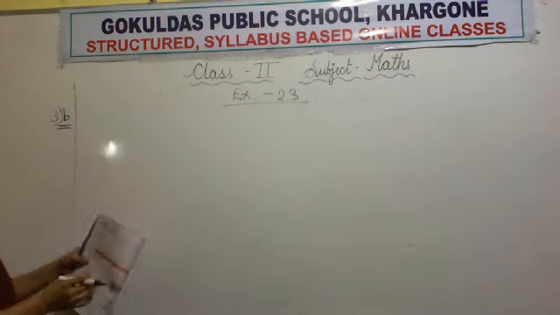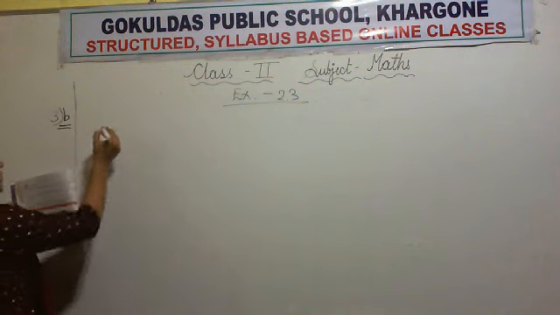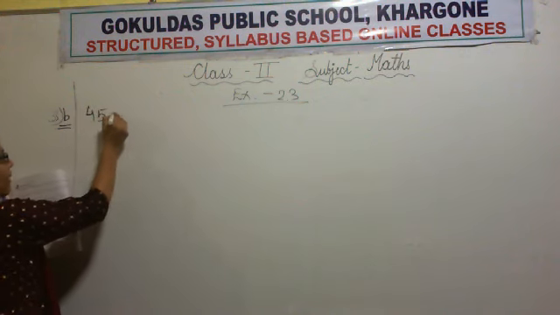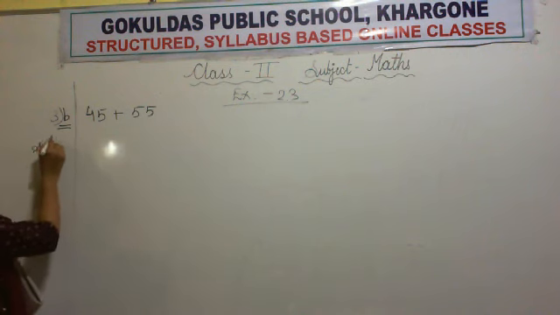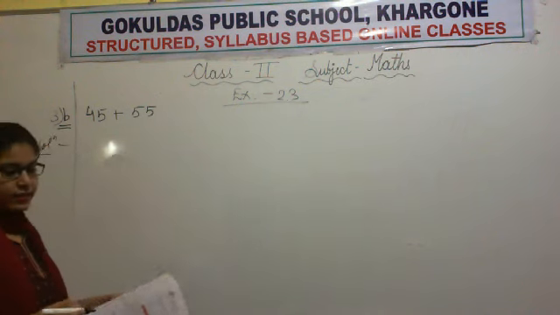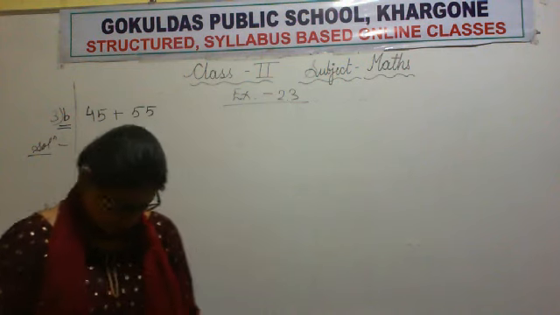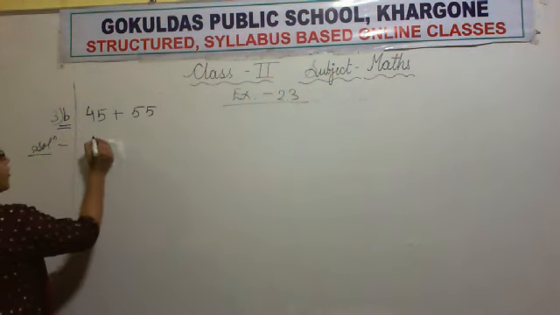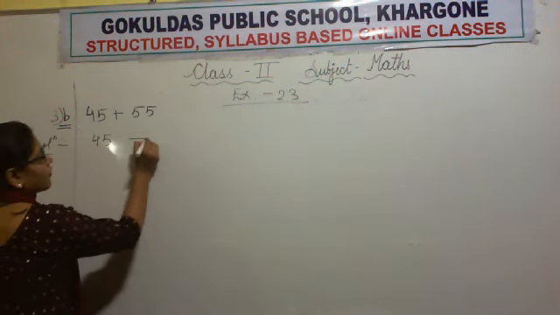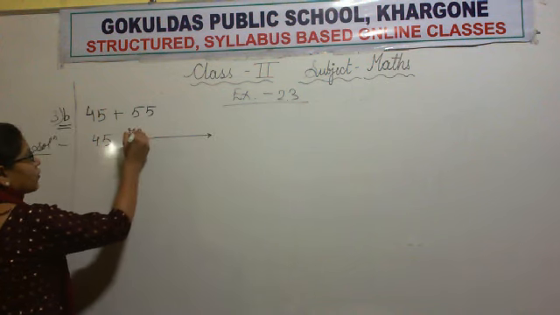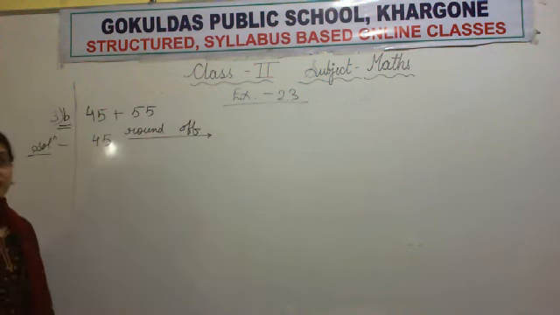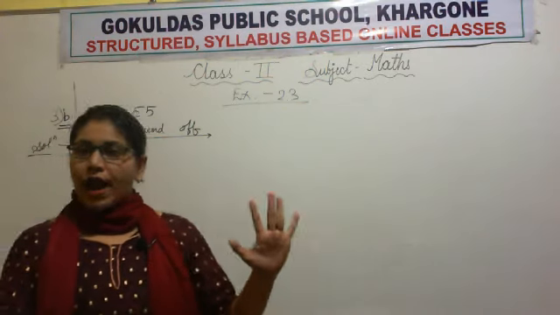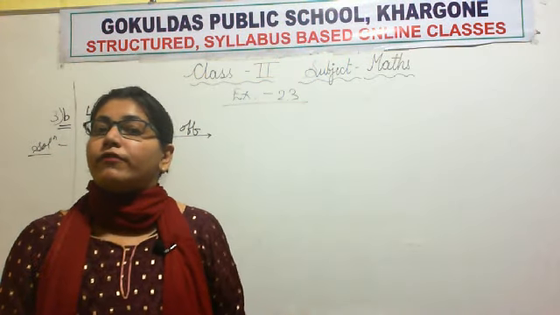Part B. What is part B? 45 plus 55. Now we'll write the solution first and start solving it. First of all, we will round off both the numbers. First we will round off 45. Whenever we see the number 5 or greater than 5, what do we do?